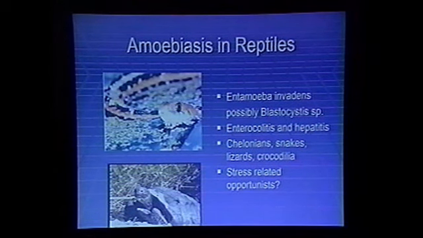It is occasionally possible to find Entamoeba invadans in the feces of clinically normal reptiles. This is the typical gross presentation of amoebiasis in a snake, showing severe pseudomembranous necrotizing enterocolitis that usually extends through the wall into the serosal surfaces.